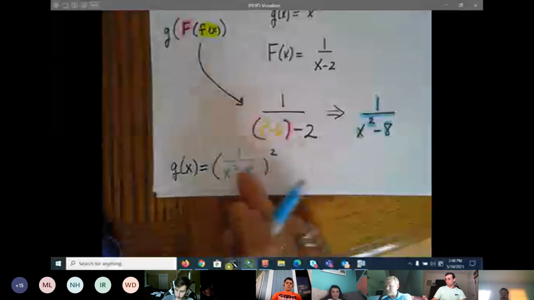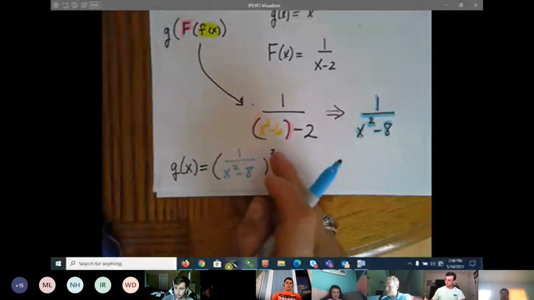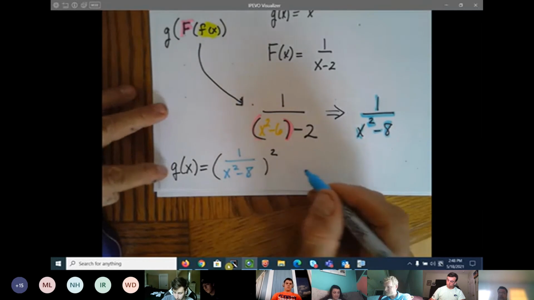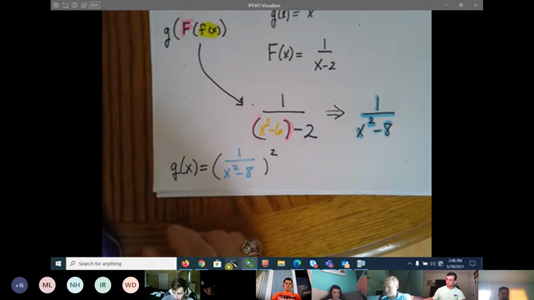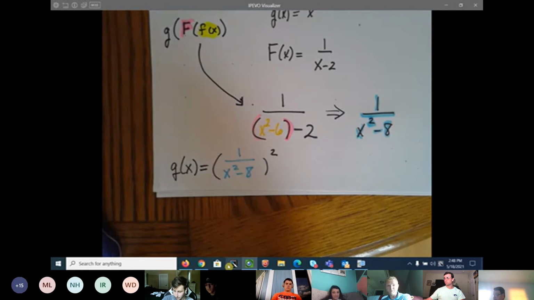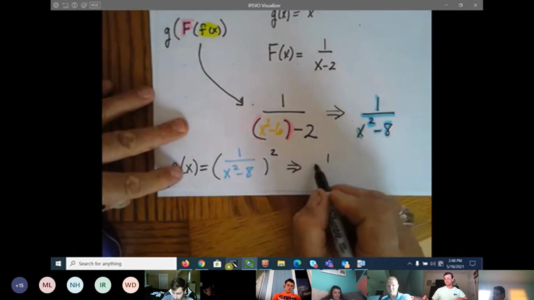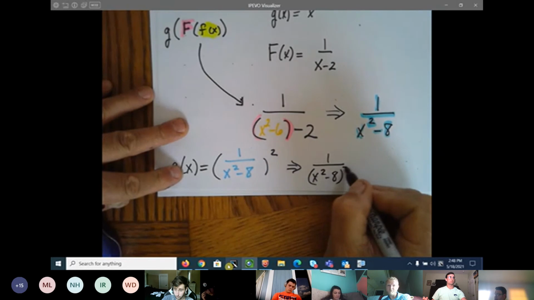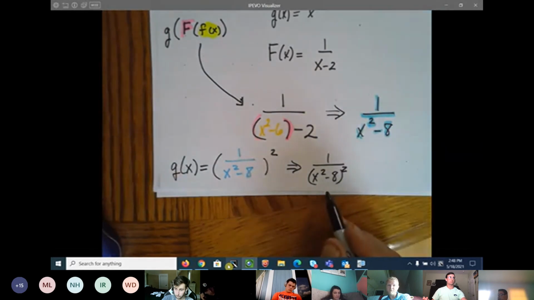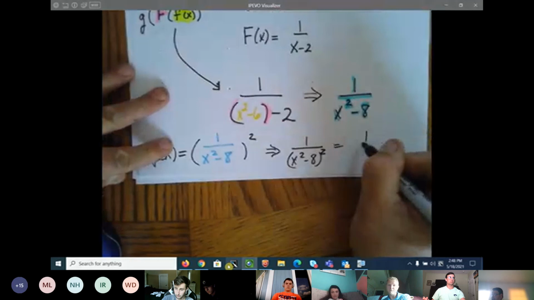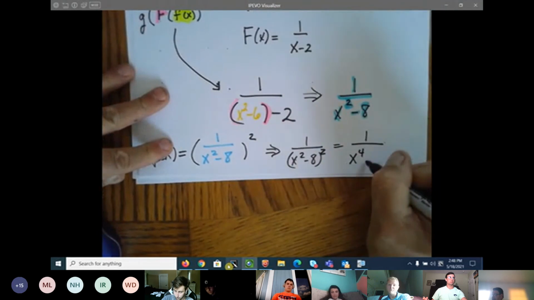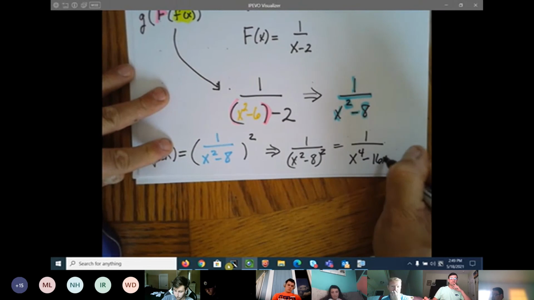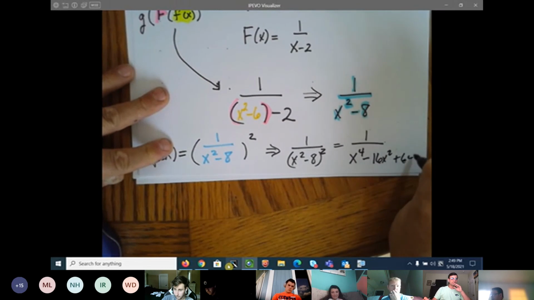And now I'm just going to square this. 1 squared is 1, so everybody in here should get that right. If you miss that, don't tell anybody. And then x squared minus 8, quantity squared. Well, heck, that's shortcut number 2, which is 1 over x to the 4th minus 16x squared plus 64.